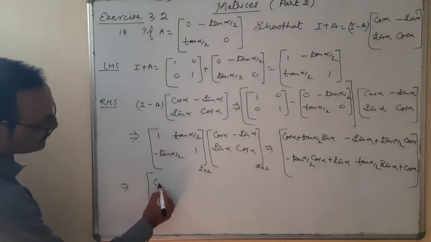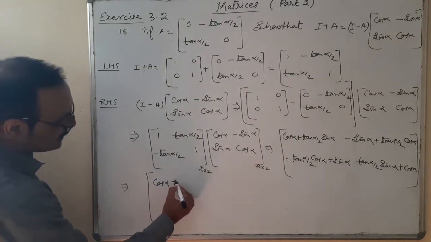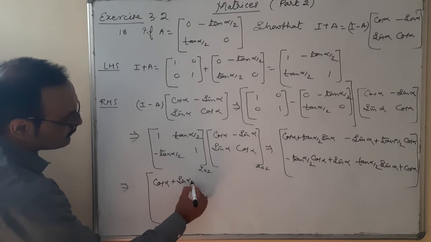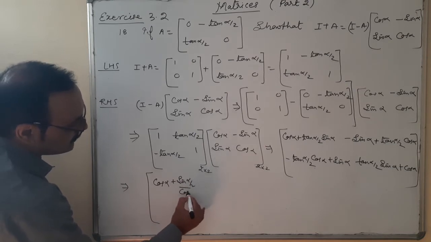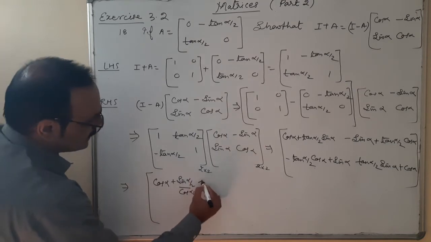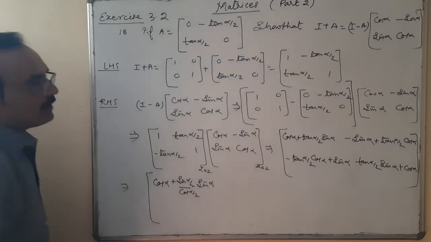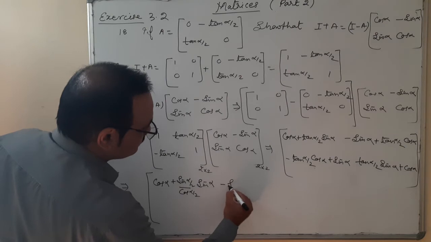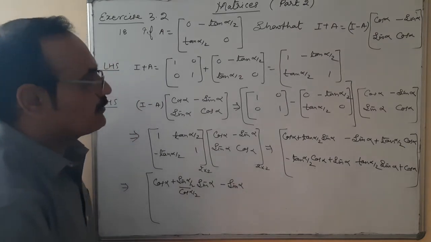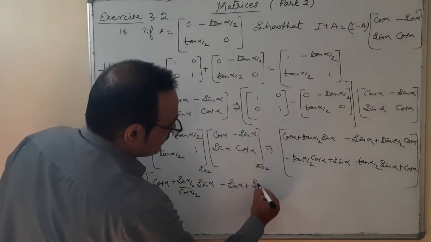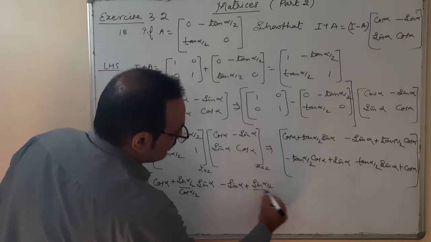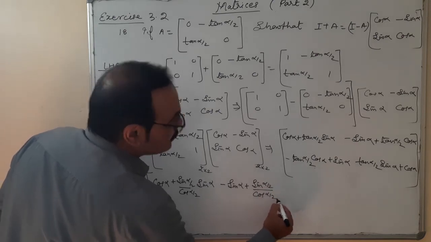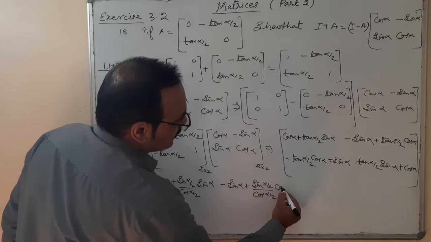Cos alpha as it is plus sin alpha by 2 upon cos alpha by 2 into sin alpha. First element. Second, minus sin alpha plus sin alpha by 2 upon cos alpha by 2 into cos alpha.